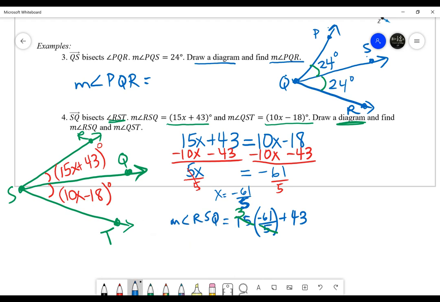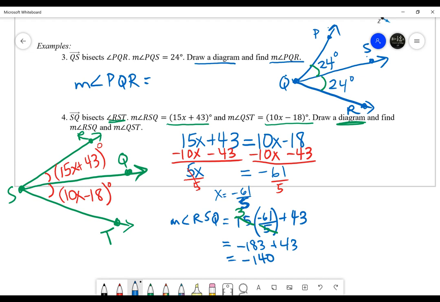Then I'm going to get 3 times negative 61 will be negative 183 plus 43. So if 43 of these will cancel with 43 of these, I'll get negative 140. That doesn't sound right, but let's keep going with the other one.